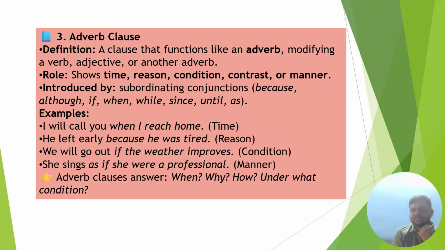And the last example, which shows the manner, is she sings as if she were a professional. This shows the manner in which a person does a work. And in this sentence we see how the clause explains the verb.